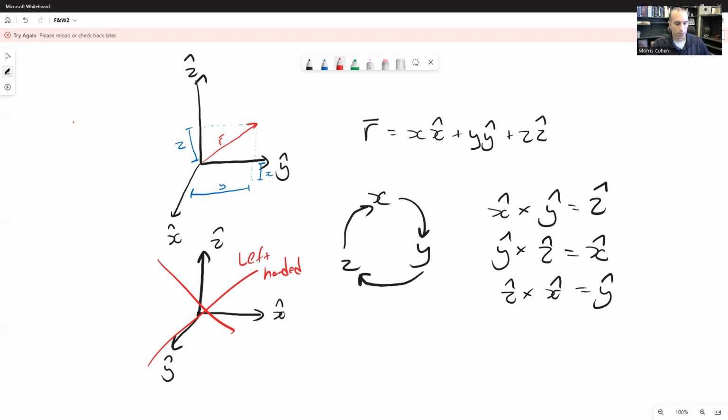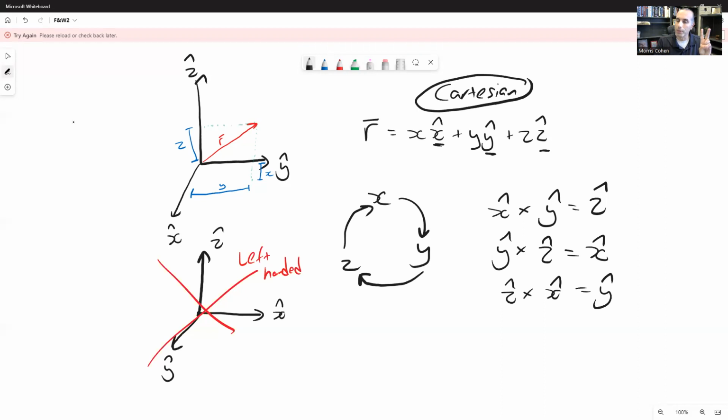So that's called Cartesian coordinates, and this should be, of course, very familiar. But a couple of things that are important are that the base vectors, X hat, Y hat, and Z hat, are, number one, the same anywhere you go, and number two, they are perpendicular to each other.